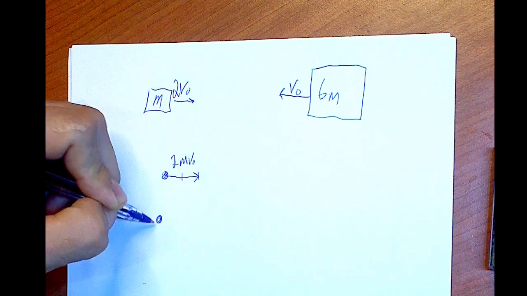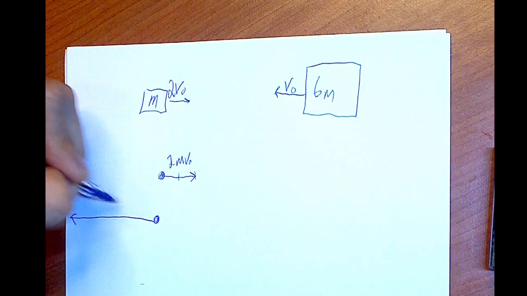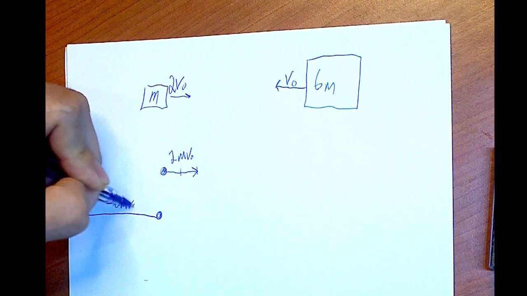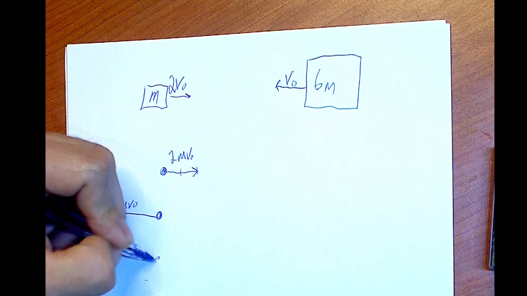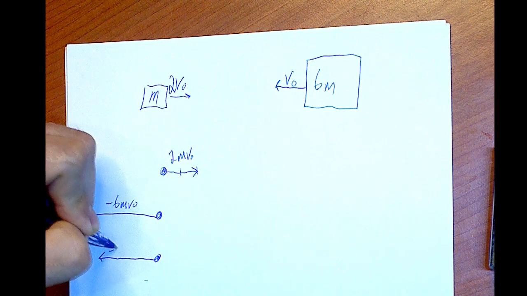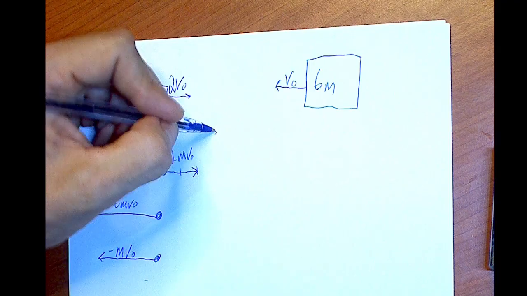Then block 2 is going to have a vector in the negative direction of negative 6mv naught. If we add these together, we get a vector of minus 4mv naught, and this is all before collision.